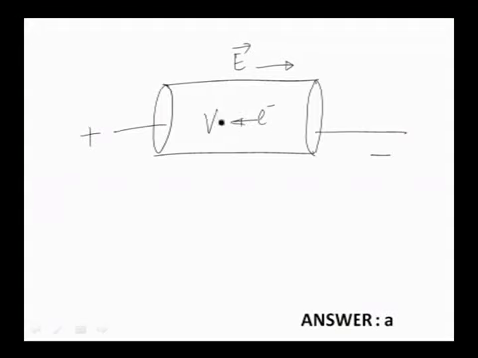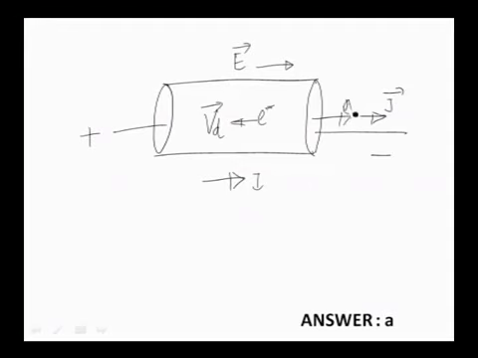The electron moves with the velocity Vd like this. The direction of the flow of the conventional current is in this direction, and I told you an electron means negative charge, it is moving in this direction. Definitely the positive charges move in this direction, therefore the current density is in this direction.